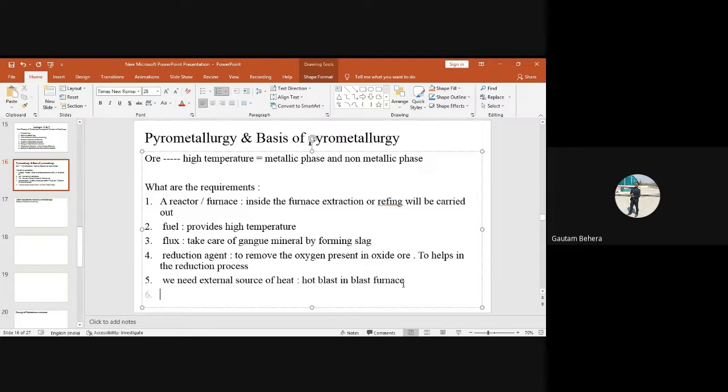So if you want to know the products of pyrometallurgy, what are the products of pyrometallurgy?